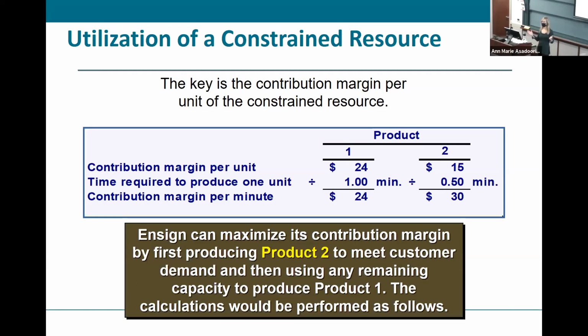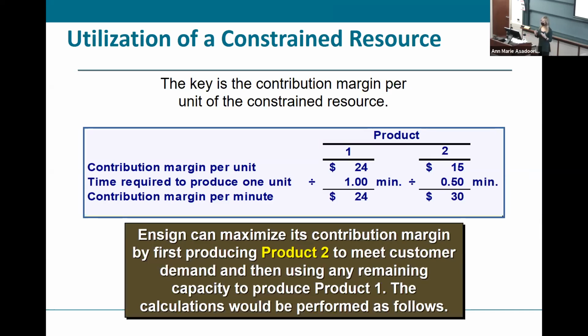If your constraint would be materials, maybe you have a material that is pretty scarce and you need that material in the products that you're producing. I would start again with the contribution margin per unit, but then it would be in pounds of material. So which product am I going to get the best use of that material?